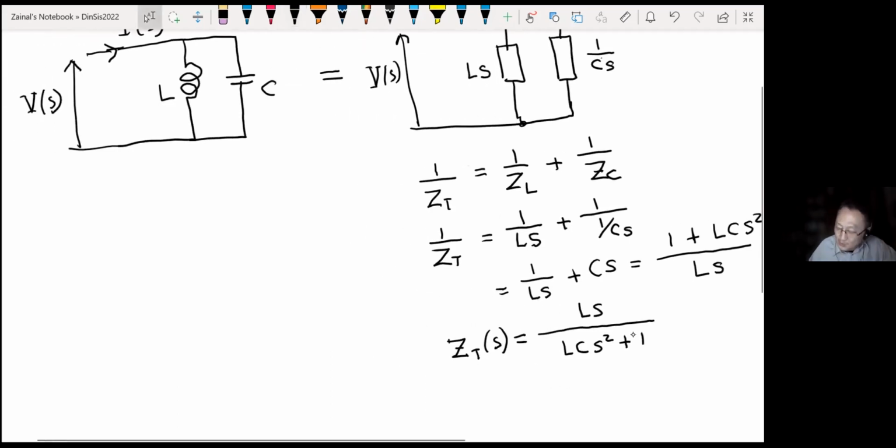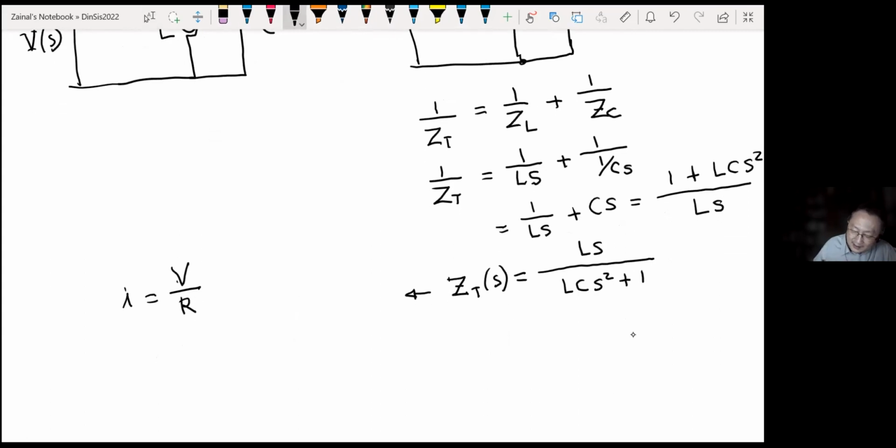From this, it is easy because I is equal to V divided by R. In our case, the general one, IS is equal to VS divided by the total G.